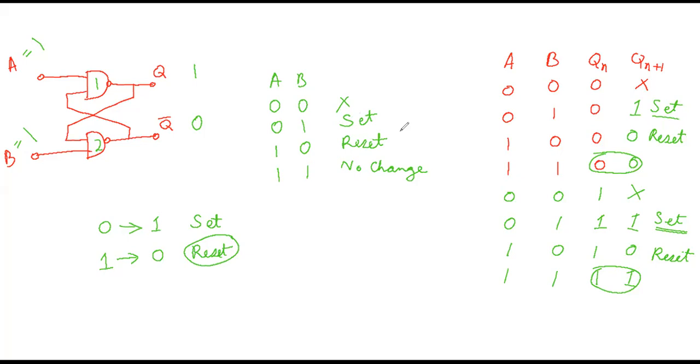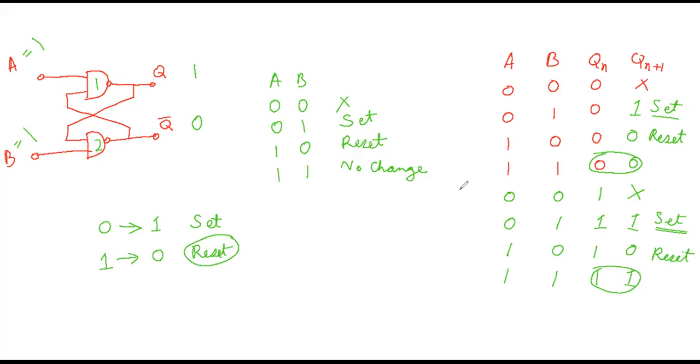Okay. Yes, sir. So this is the summary that I tried to achieve from my last class. 0, 0, this thing, and 0, 1 is set, 1, 0 is reset, 1, 1 is no change.